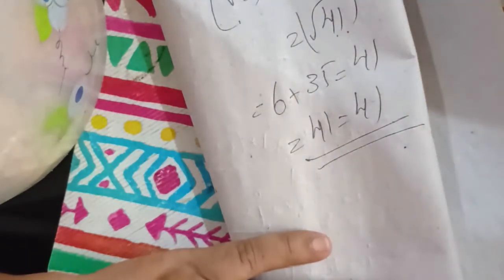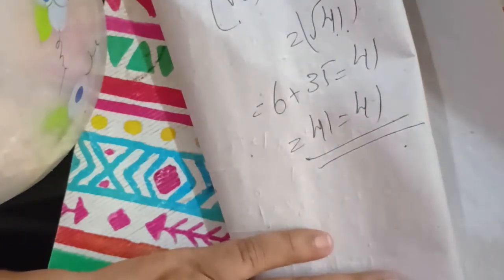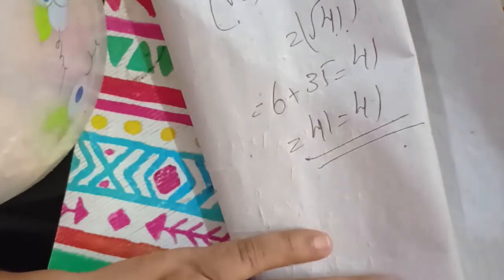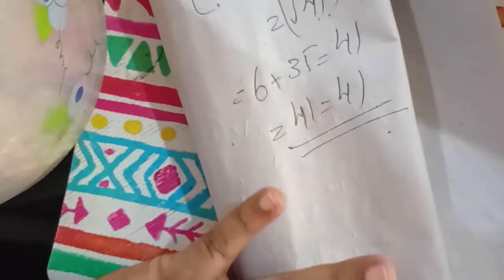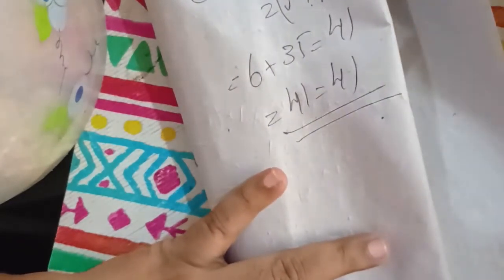Then, the second formula: unit vector in the direction of A is vector A by modulus of vector A. Suppose the question is unit vector in the direction of A minus B, it means (A minus B) by mod of (A minus B). Then next point is PQ. PQ means OQ minus OP. Terminal vector minus initial vector gives the length PQ.